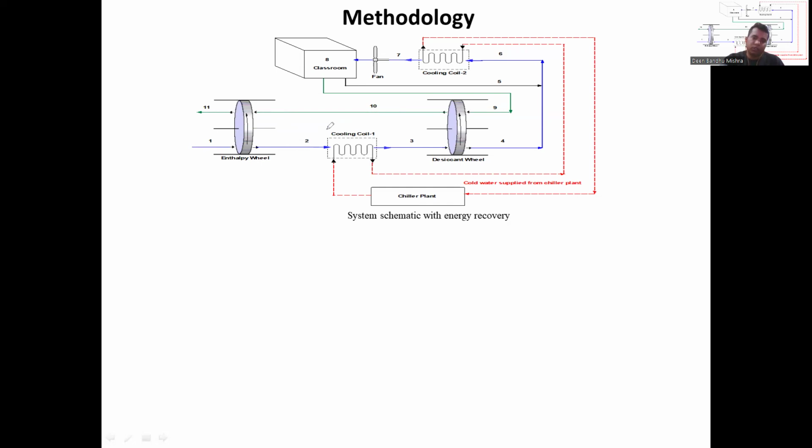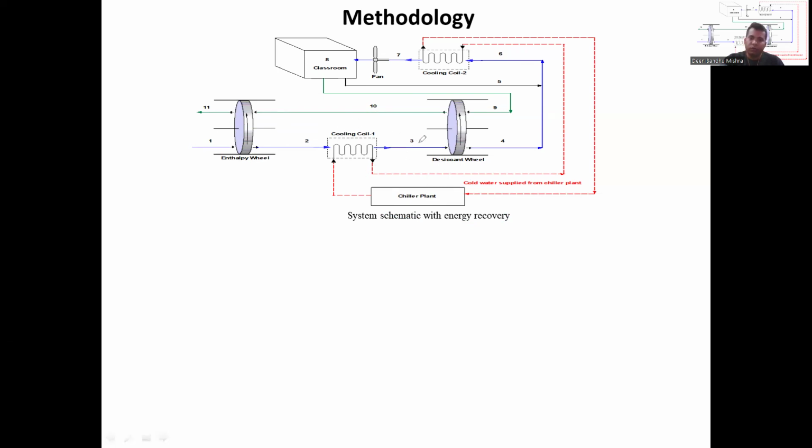After that, the air further passes through cooling coil 2, where the supply air is further cooled and dehumidified. A central chiller plant, which is a water cooled chiller plant, is used to supply chilled water to cooling coil 1 and cooling coil 2 for cooling and dehumidification of outdoor air.